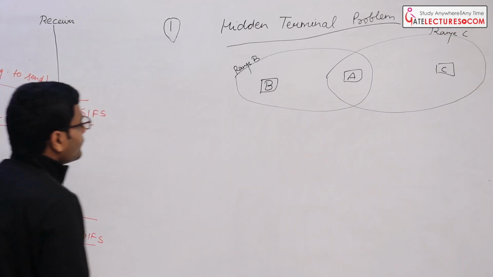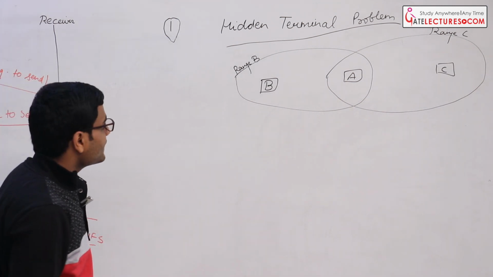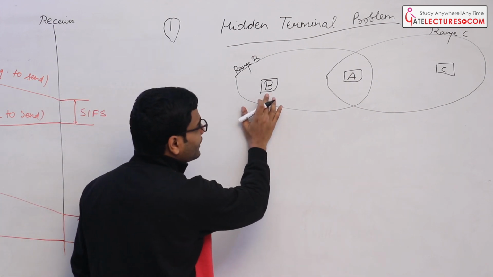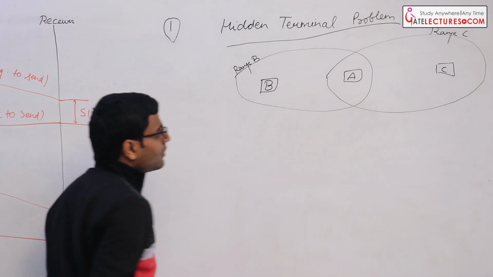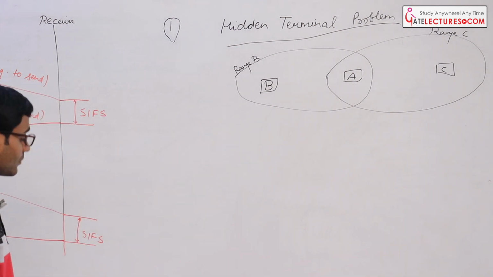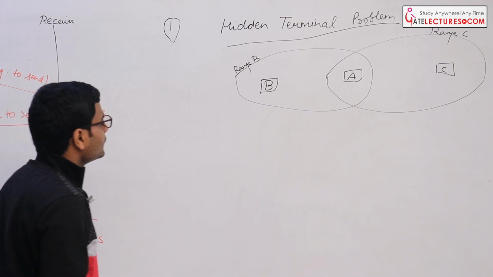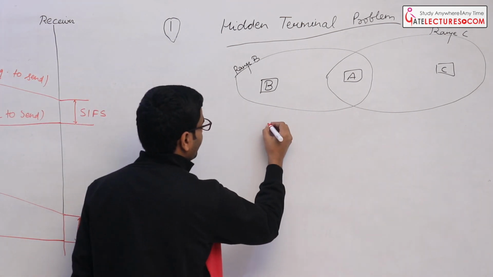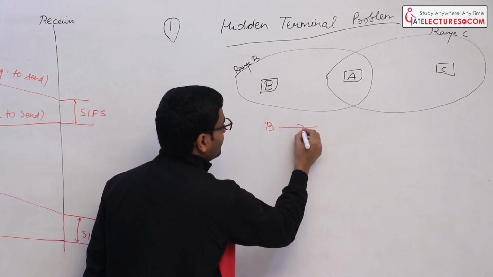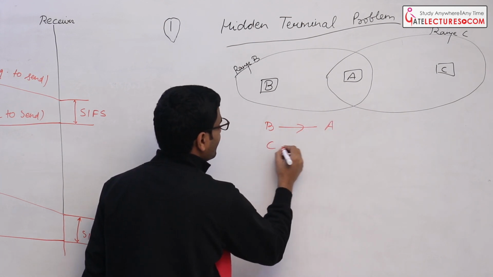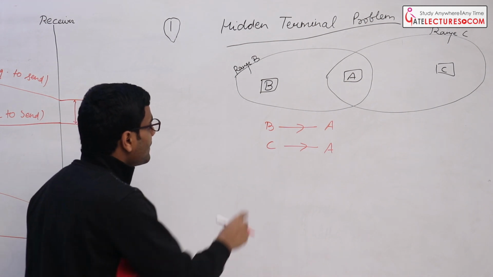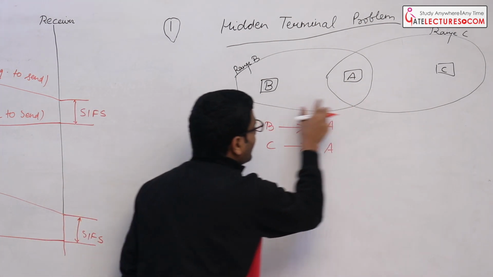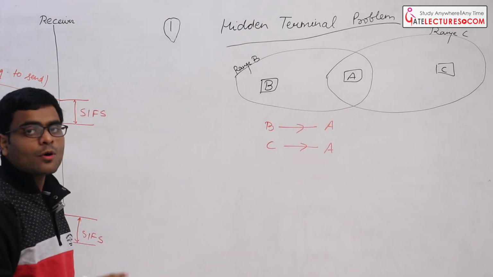Let's consider a case when B wants to transmit some data to A and C also wants to transmit some data to A. But B and C are hidden from each other. They don't know about each other.